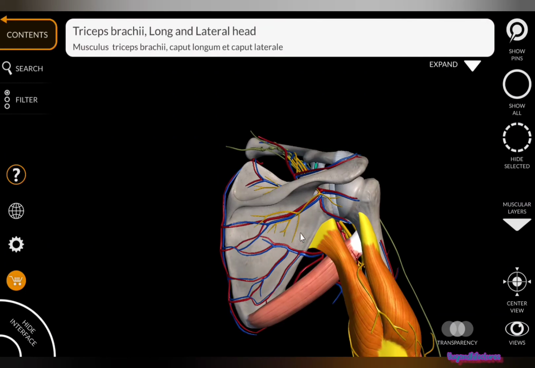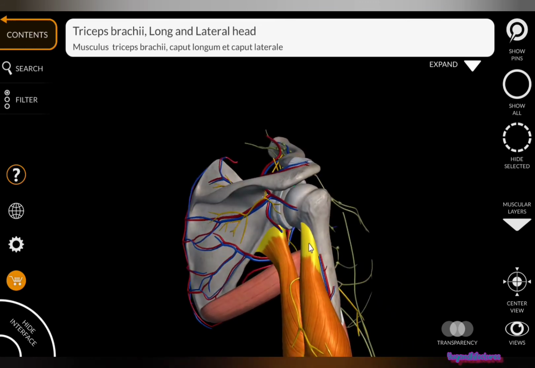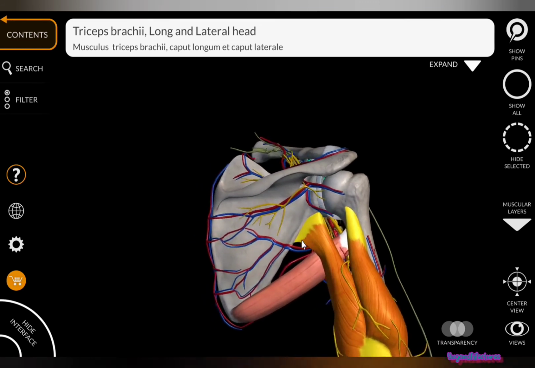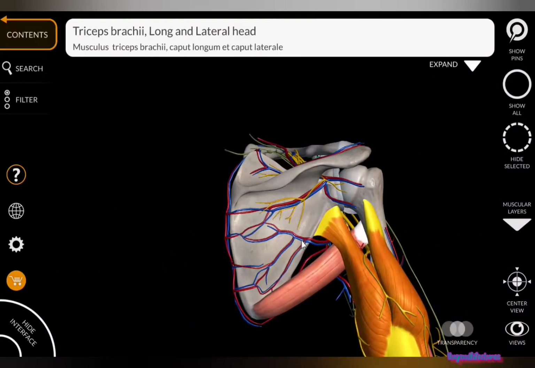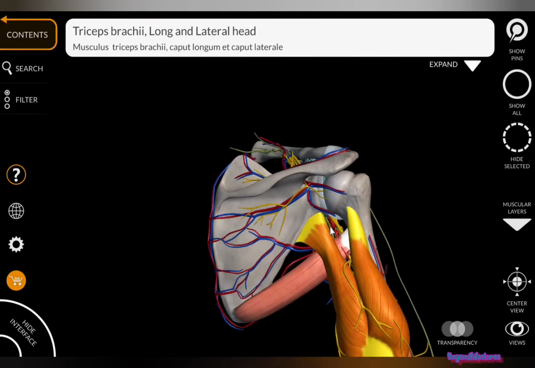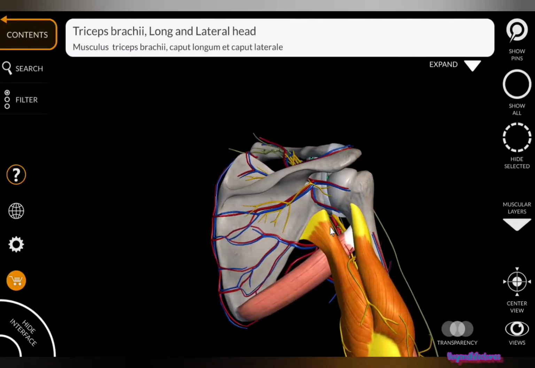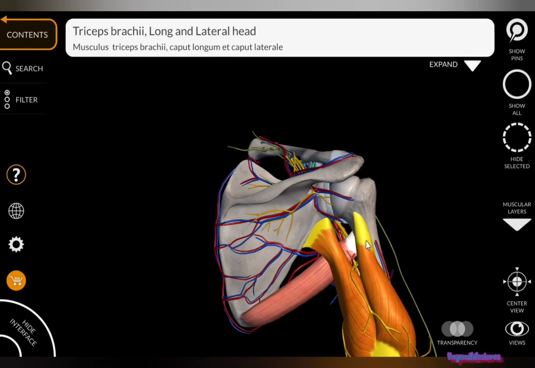It takes origin from the infraglenoid tubercle, and the lateral head takes origin from the upper posterior surface of the humerus. You can see here, this is the lateral head of the triceps brachii, and this is the long head of the triceps brachii. The origin of the long head of triceps brachii, and the lateral head of triceps brachii lies under the cover of deltoid muscle. So I am going to remove those two.